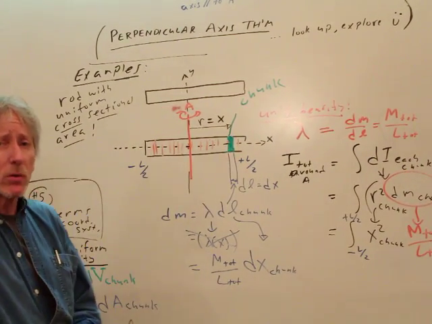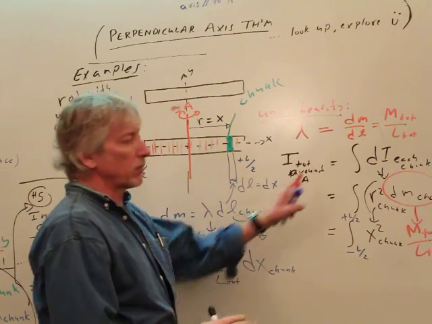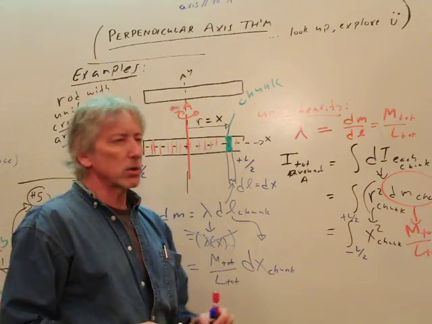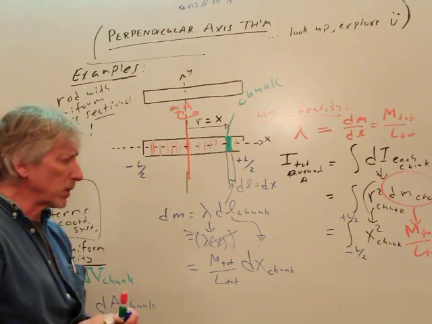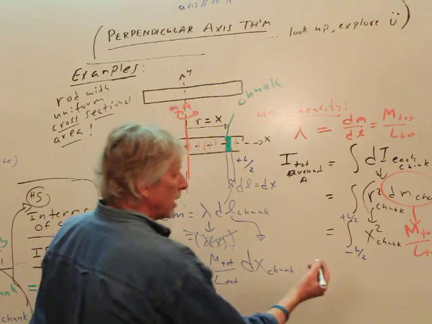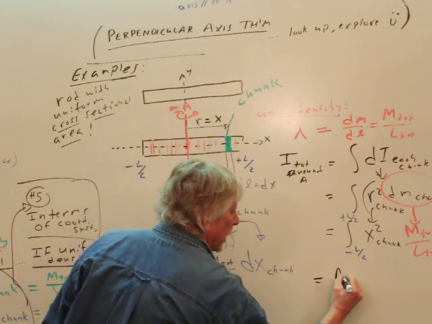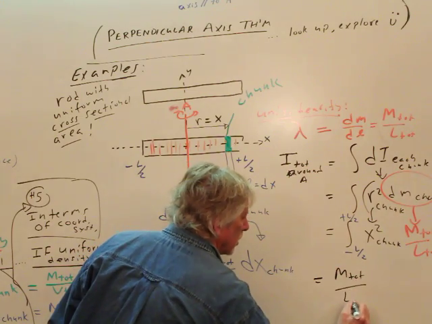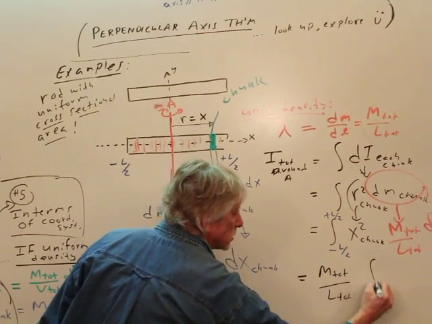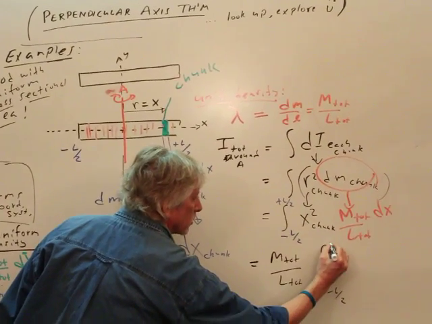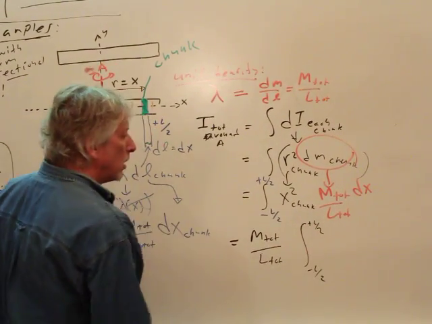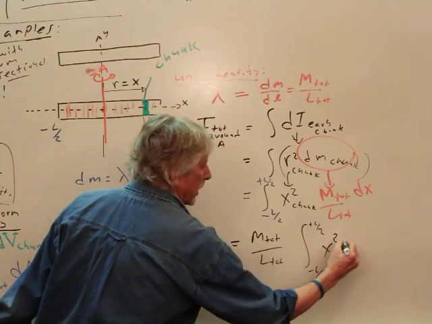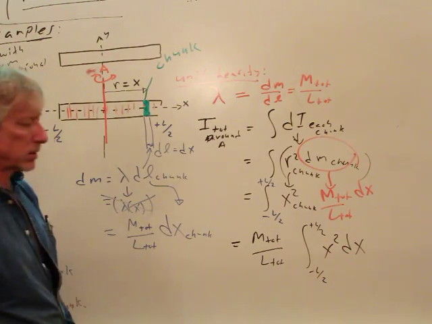So setting this up, if you can do that for any equation, different physics, draw your picture, put it in terms of your coordinates, and that's challenging sometimes with the geometry, but hey, this is equal to mass total over L total, integral from negative L over 2 to positive L over 2 of x squared dx.